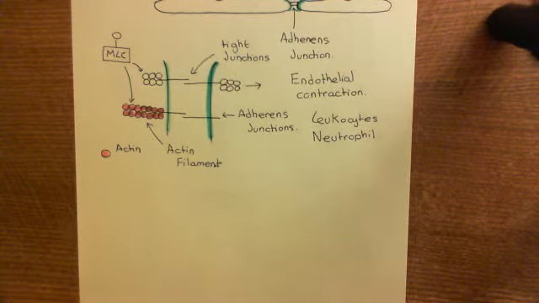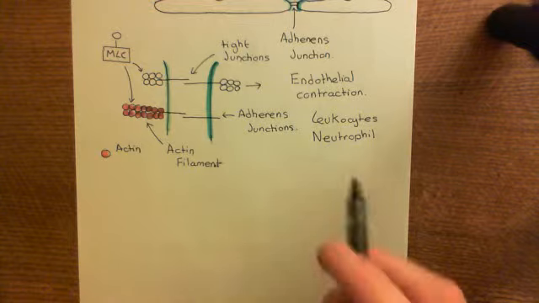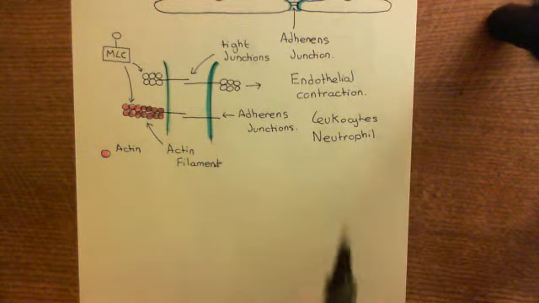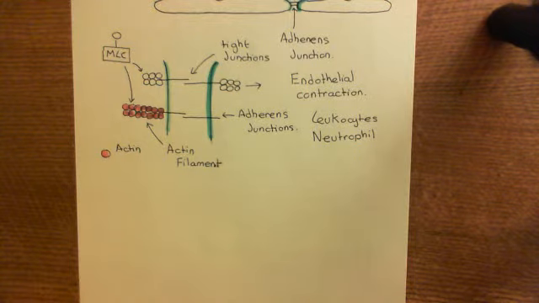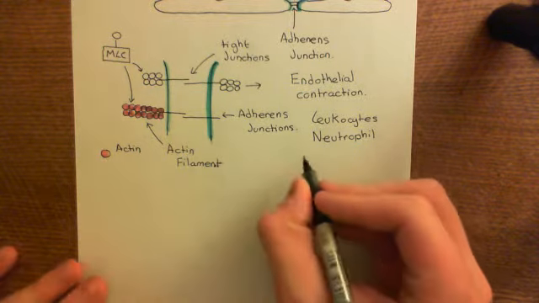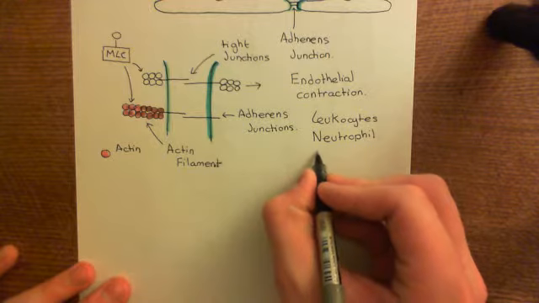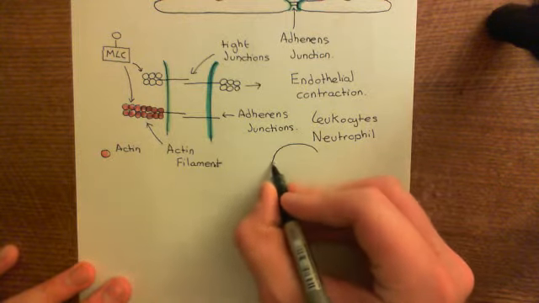Okay, so we're now going to look at how type 1 activated endothelial cells are going to move neutrophils from the lumen of the blood vessels into the affected interstitial space. Before I do that, I'm just going to describe what a neutrophil looks like.